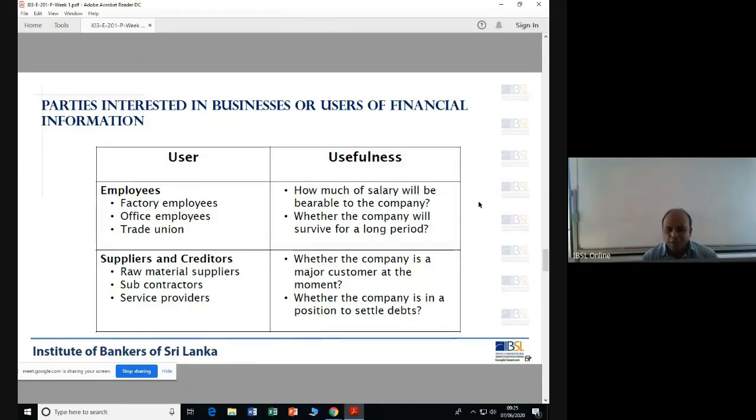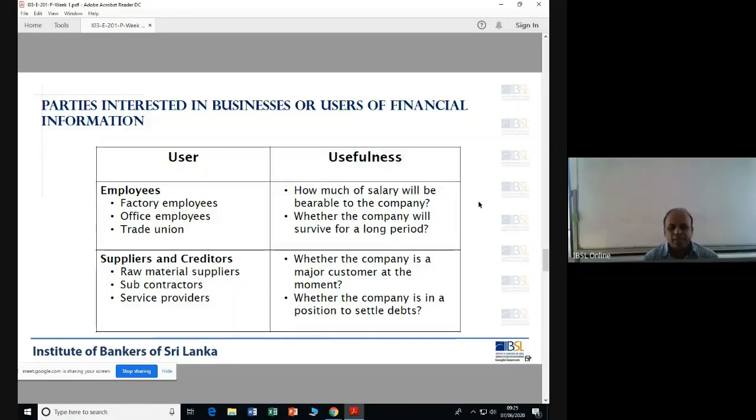So it is very important for me to know whether this company could survive in the long term, so that I will not lose my job until I retire or I make my own decision to resign from the organization. So now you might be very clear about the expectation of the stakeholder group of employees when it comes to financial information.